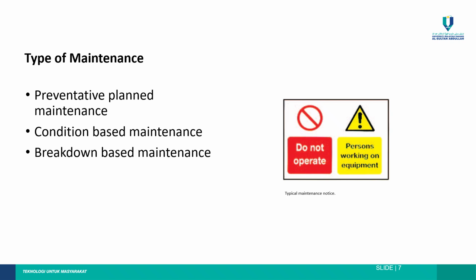So preventive maintenance is based on a set period, whether monthly, every 6 months, or every year. But condition-based maintenance is based on your observation at the time. So it is more frequent and more realistic.